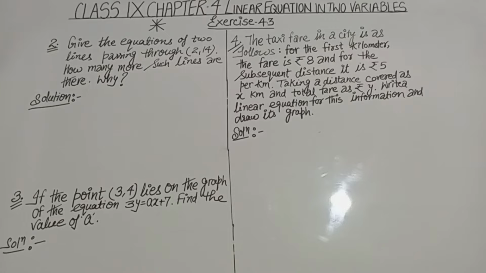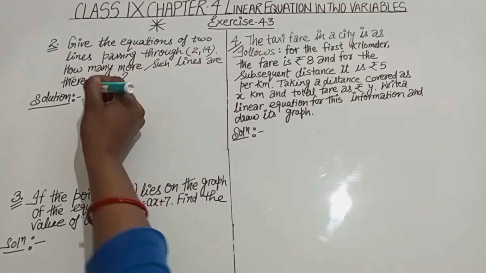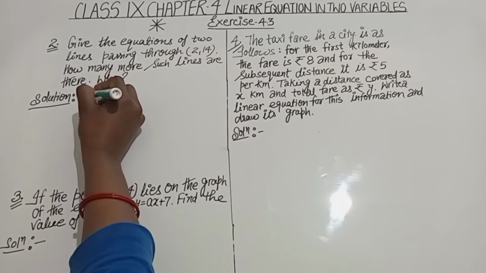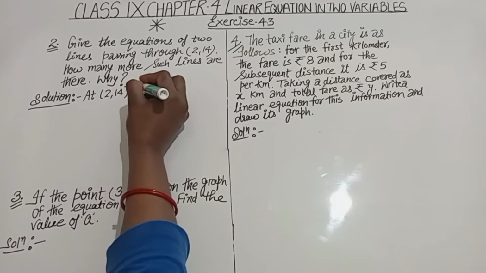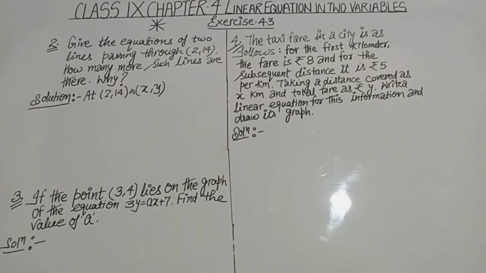First of all, the question says give the equation of two lines passing through (2, 14). Here (2, 14) is x and y, the x coordinate and y coordinate.